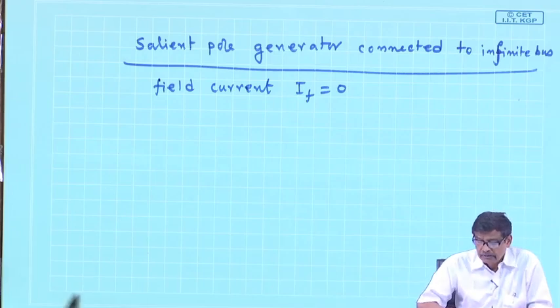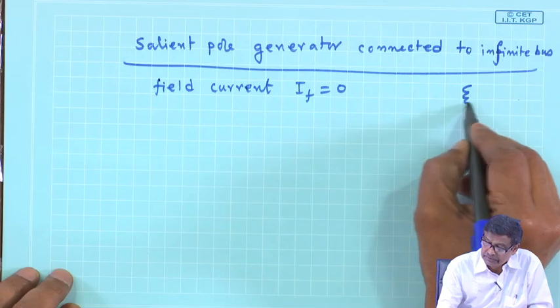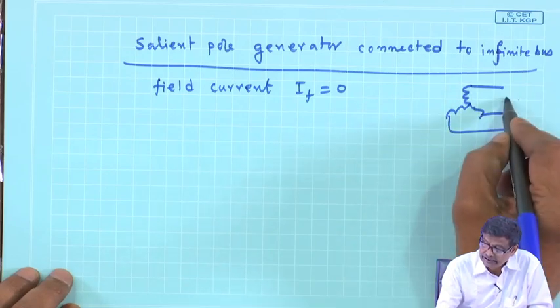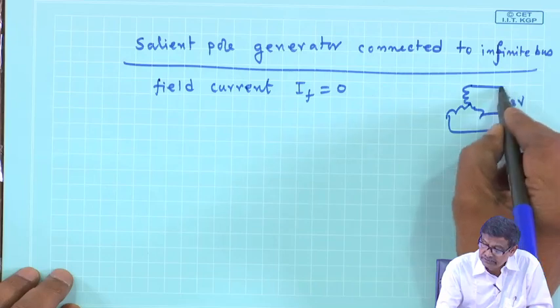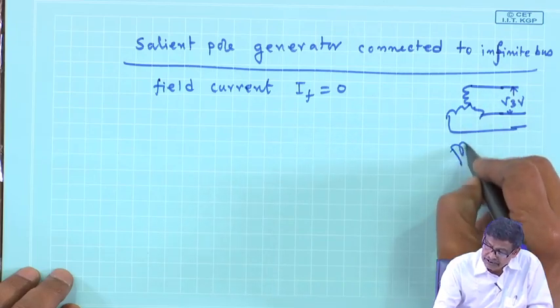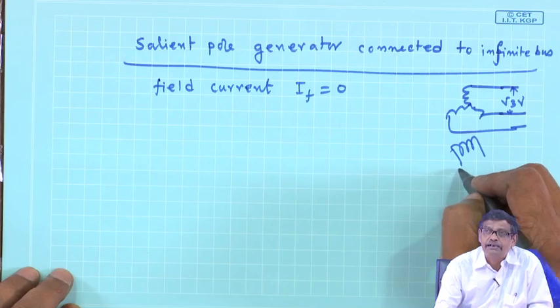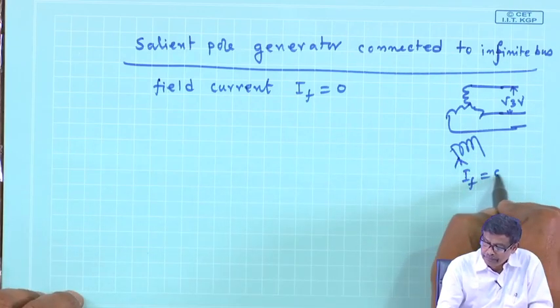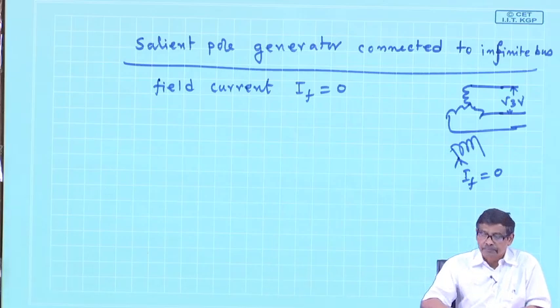First of all, a synchronous machine is connected to the bus here, root 3 V line to line voltage, and the alternator field current IF I have made 0, that is no excitation.